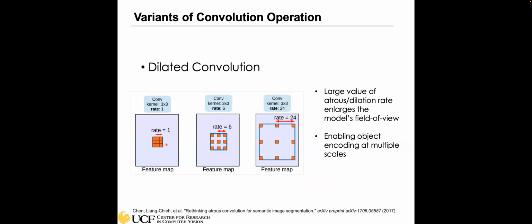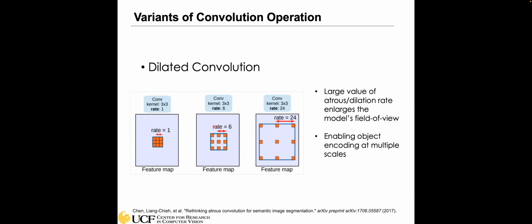Okay, so this normal convolution has a dilation rate equal to 1. Here you have a larger dilation rate, so you can cover larger local regions, and you can even increase the dilation rate further, so that your field of view is going to be much larger. And for some techniques, you can use multiple dilation rates.